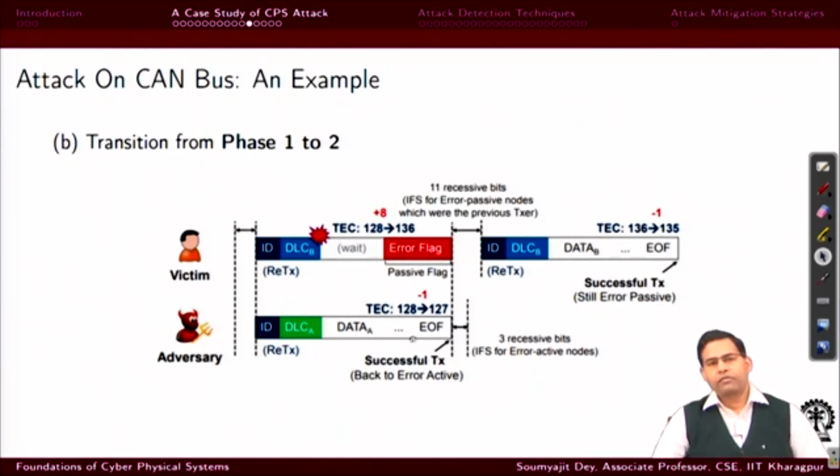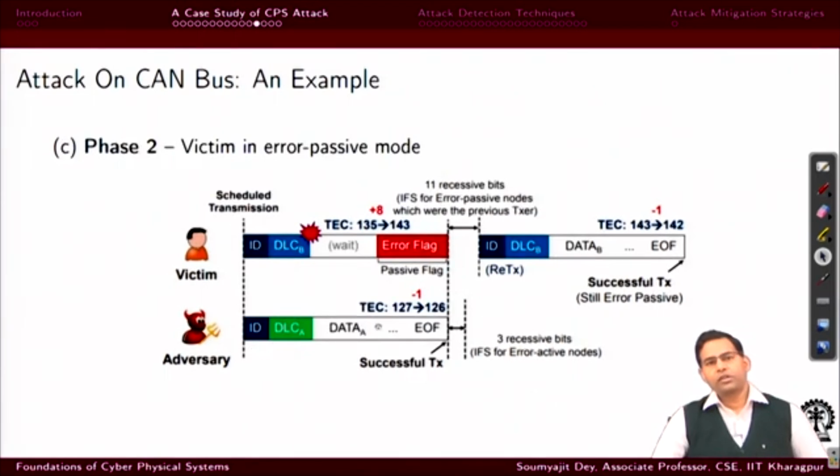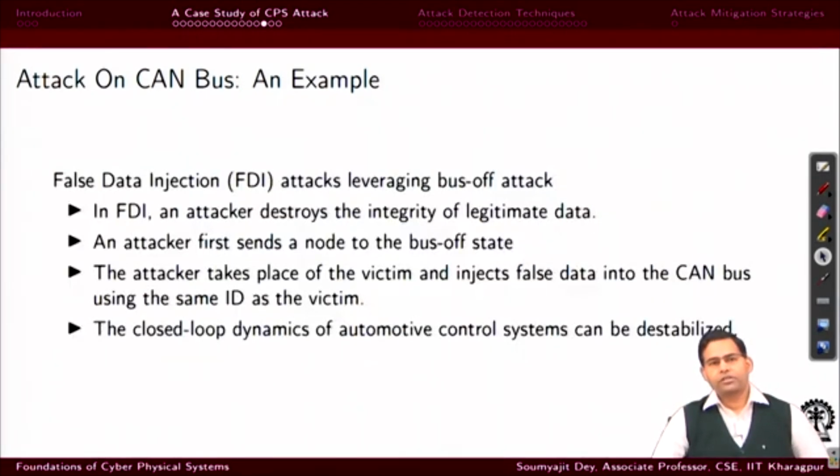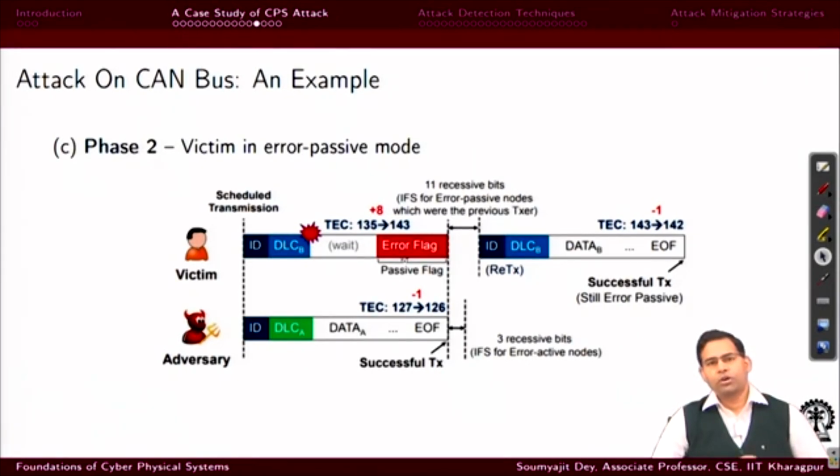Due to that the adversary won't get any transmission error increase; in fact it will be a decrease, and for the victim it will be a net increase of +7 with every collision. This will keep repeating in every round with an effective +7 here and an effective -1 there, and this will keep happening until this guy goes beyond 255, and that is when it is stuck out of the bus.